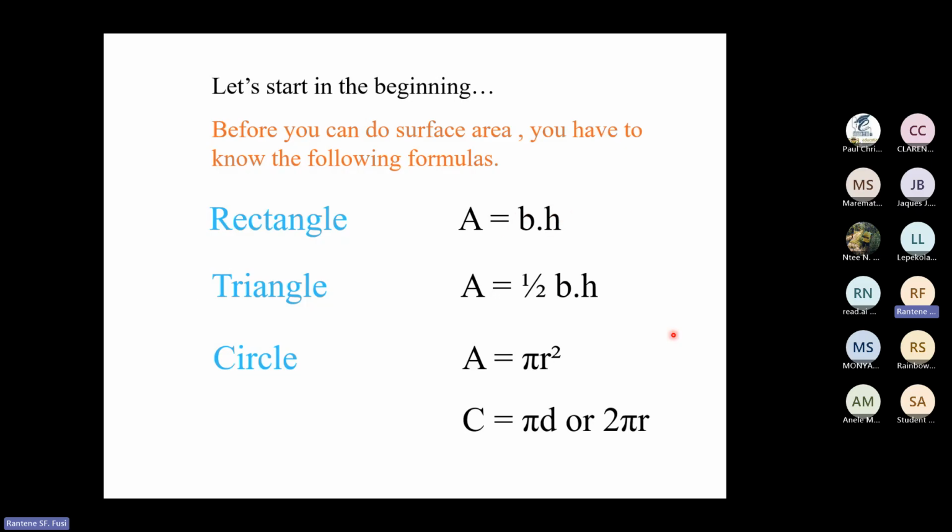Right, then the triangle is half the base multiplied by height. Then for the circle, area equals pi r squared. Then the circumference equals pi multiplied by the diameter, or 2 pi multiplied by the radius. Okay, so you'll see on Thursday, when you do the circle, we'll be using mostly these 2 formulas.